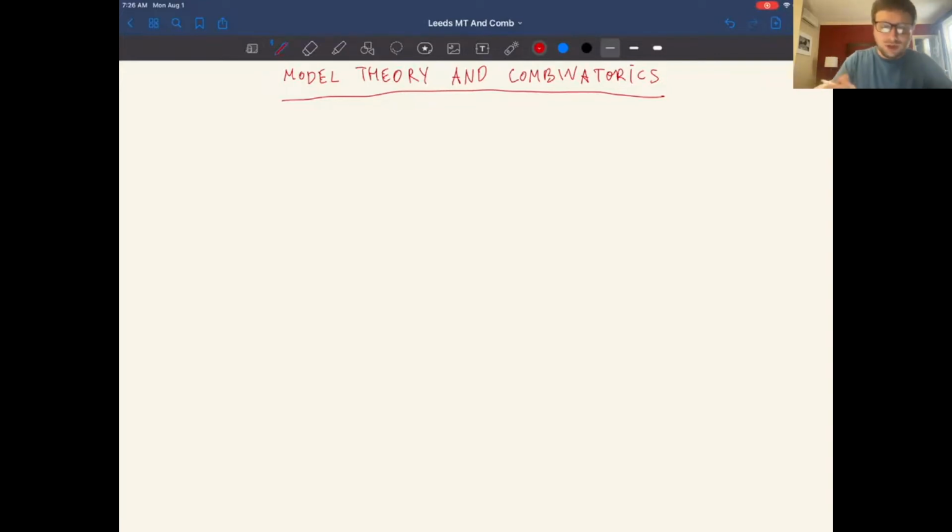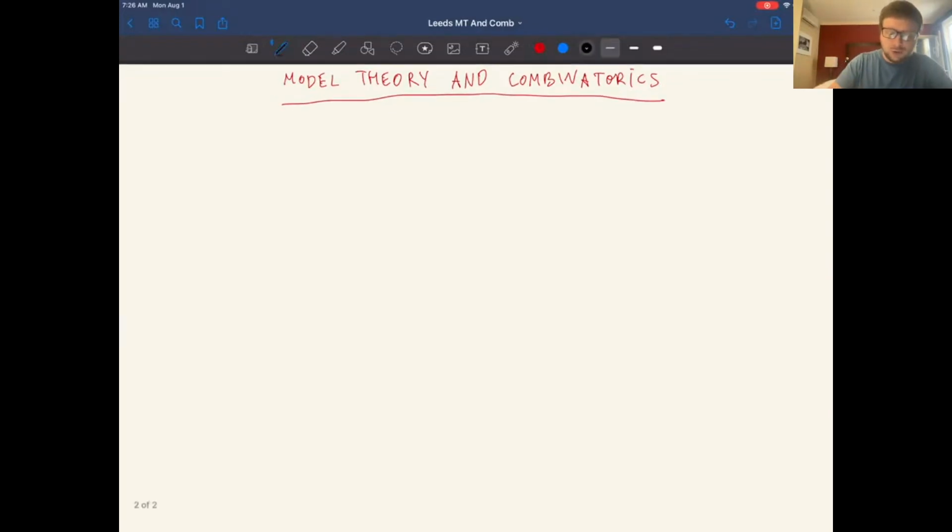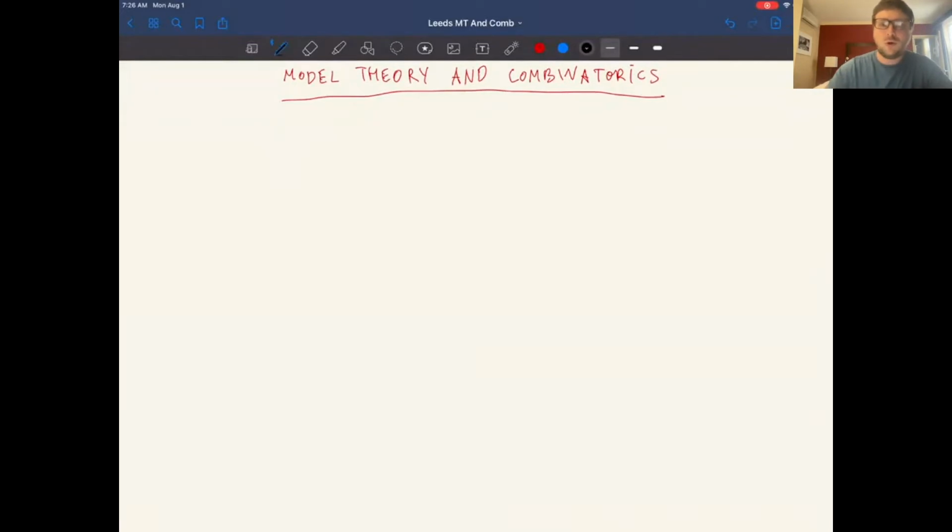So just to give you some more motivational words, or maybe some more words about the context, a typical picture will be that we have a sequence, let's say M_i, indexed by some ordered set I. So this will typically be a family of structures in some fixed language L, a family of L-structures.